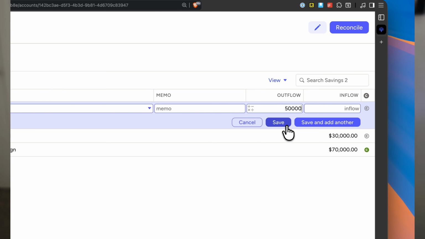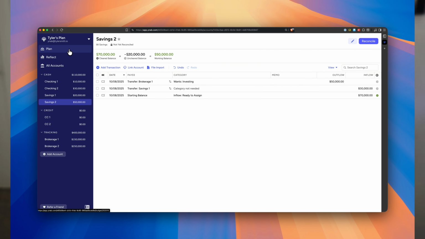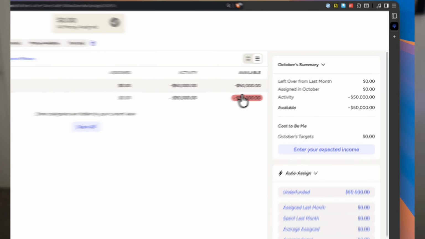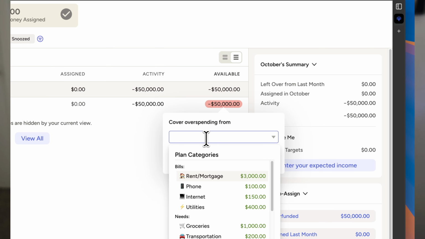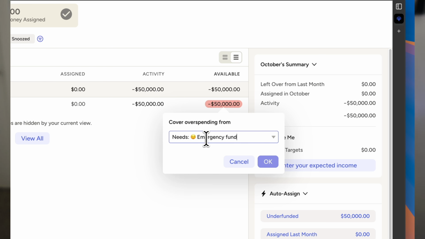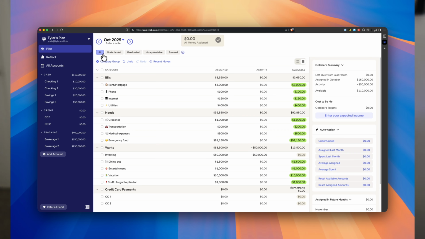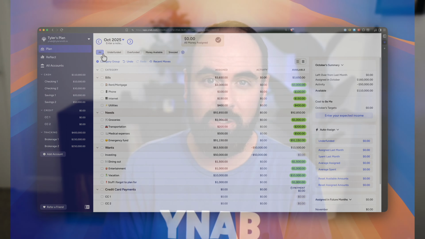Please note that because transferring money to an off-plan account does count as an outflow, you will need to cover that spending with money from your plan. This way, the amount of money she has available in her plan decreases by exactly the amount she transferred out. Her categories stay accurate, and her day-to-day spending plan remains focused on the money that's still available to spend.